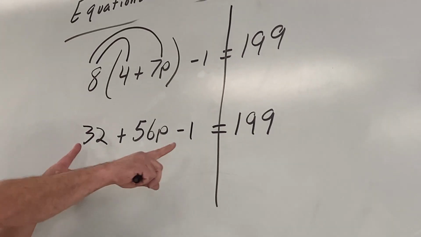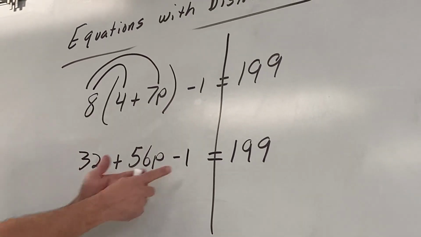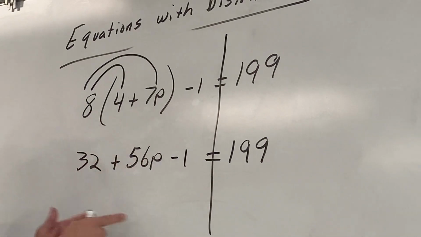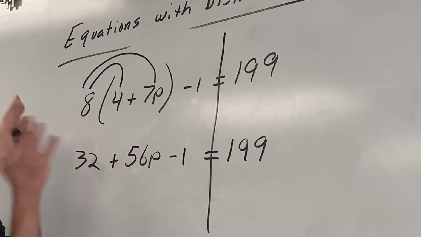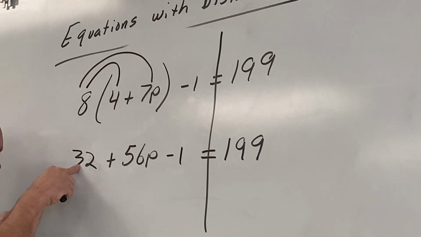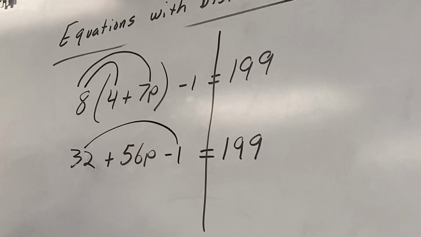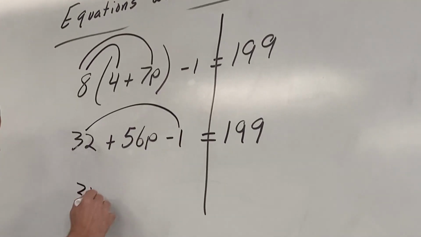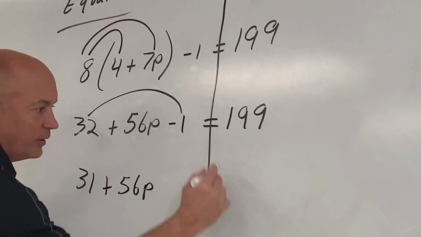If you've got two things on the same side that can be combined, aren't those both just regular numbers? Yes. I can add 32 and minus 1 together before I move anything. Are you with me? What's 32 minus 1? 31. So I'm going to rewrite this as 31 plus 56p equals 199.